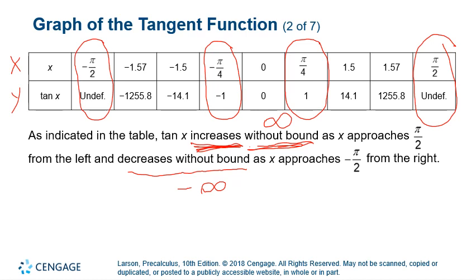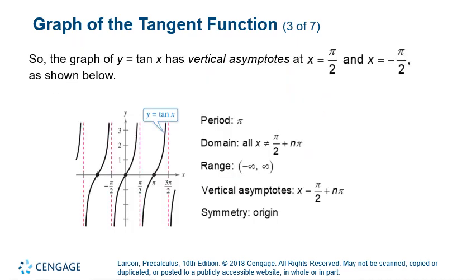And if we were to take this xy table and graph it, this is what we would see. We would see these places in the tangent graph where we have discontinuities, and those are at the pi over 2 points, right there. So if we look at these little pink dashed lines, these are actually the vertical asymptotes.